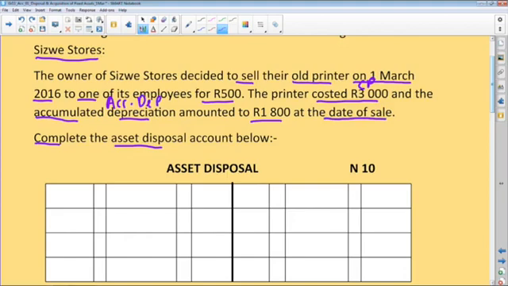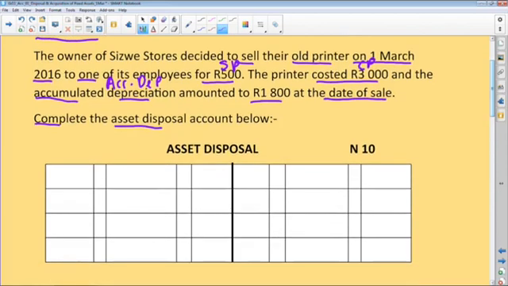They also gave us the selling price. So all we're doing, guys, is taking the amounts they've given us and putting them into this ledger account. The first step, we transfer the cost price to asset disposal. And remember, asset disposal gets debited.